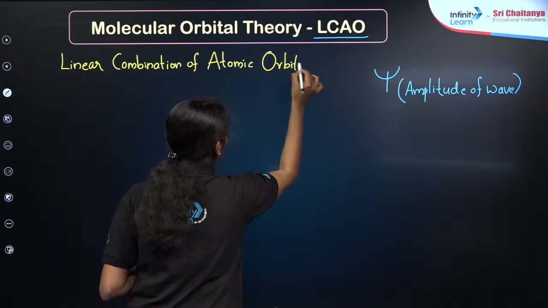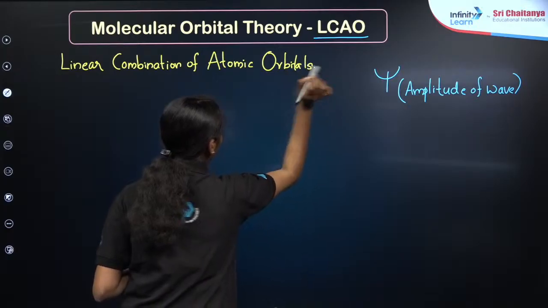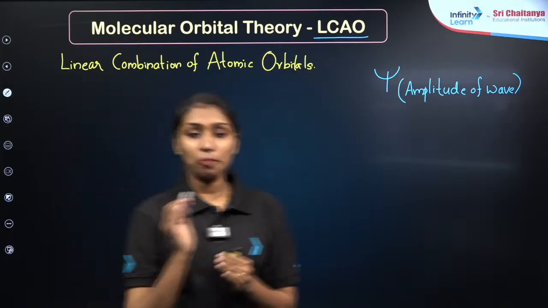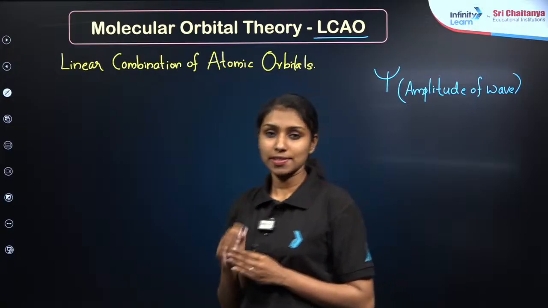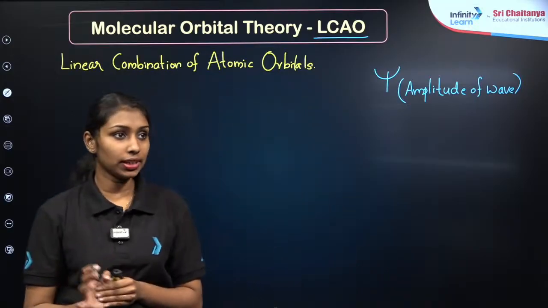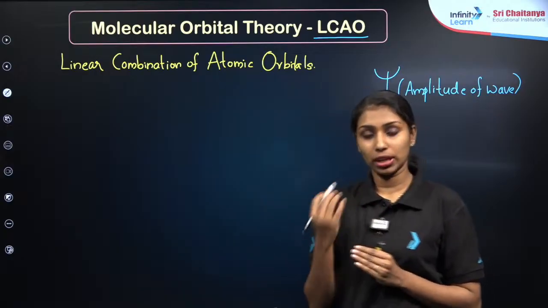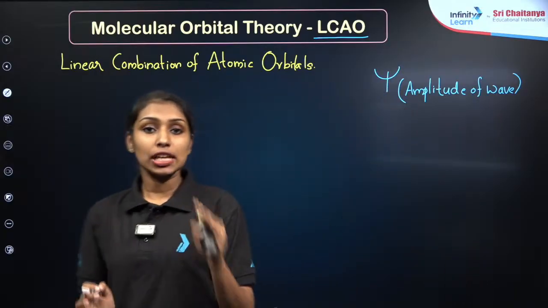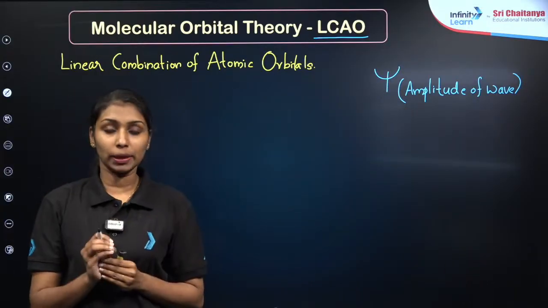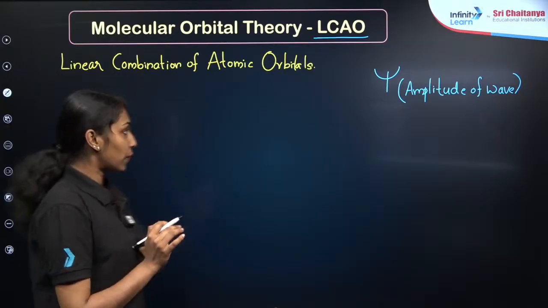This is based on the wave mechanics concept. I hope you have studied interference in your physics chapter. In the case of atomic orbitals, molecular orbitals are formed by the combination of atomic orbitals based on the concept of interference.